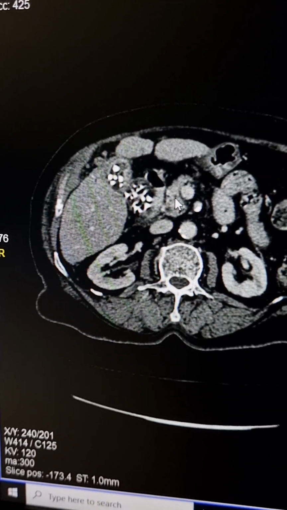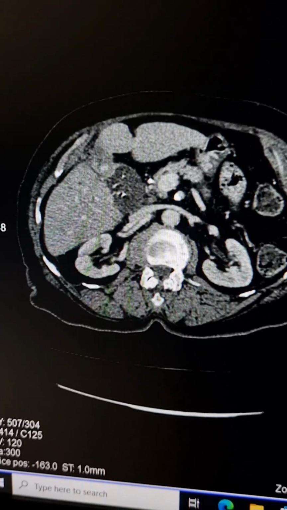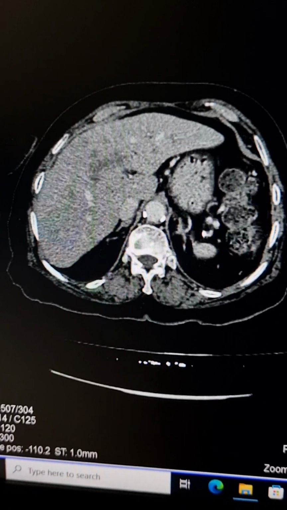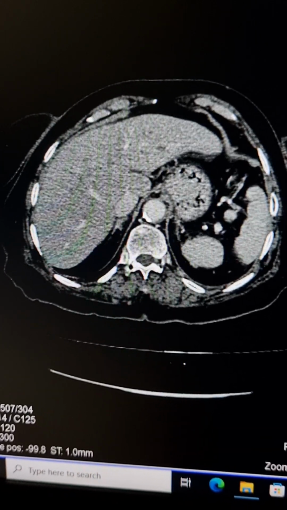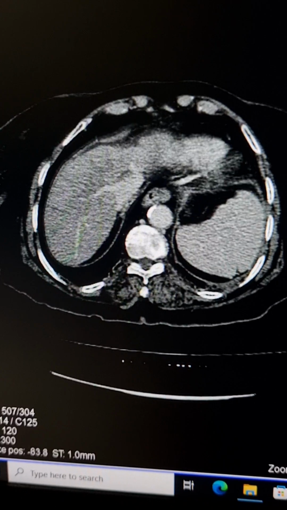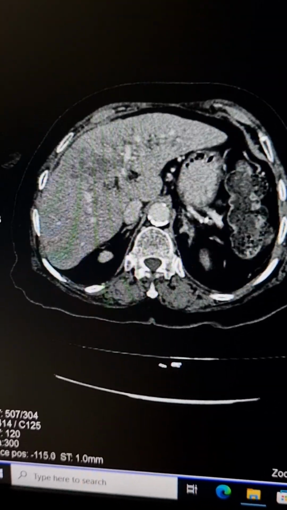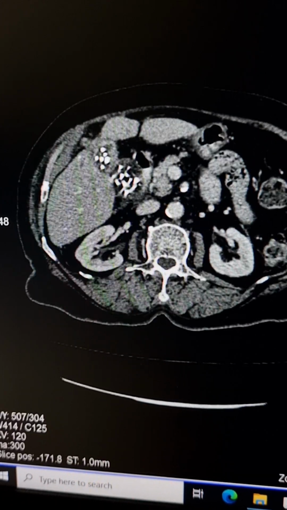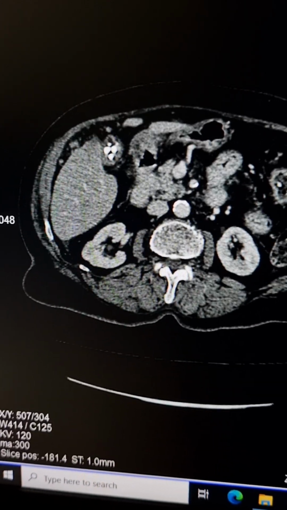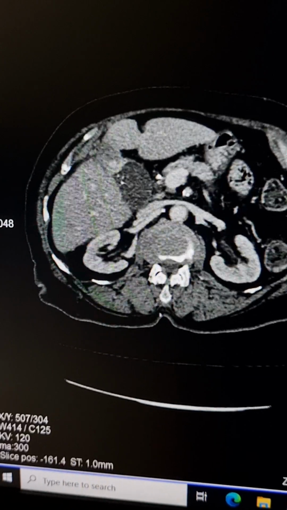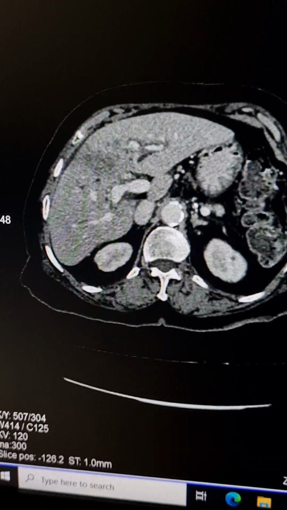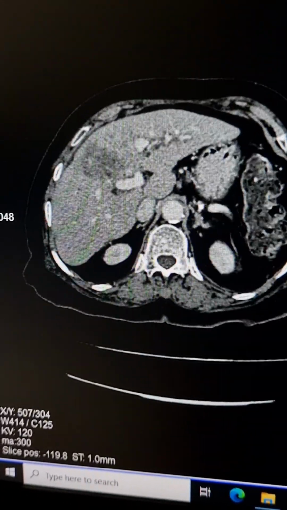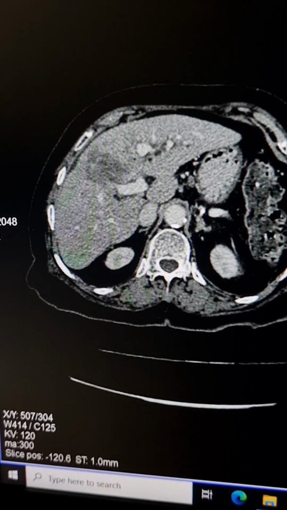This is the pancreas. Now, strangely, this patient was examined by an FCPS at a big institute, and they had given just a normal liver, and the gallbladder was commented as a contracted gallbladder, which probably contains the calculi, although there are so many lesions in the liver and there is dilatation of intrahepatic biliary channels.